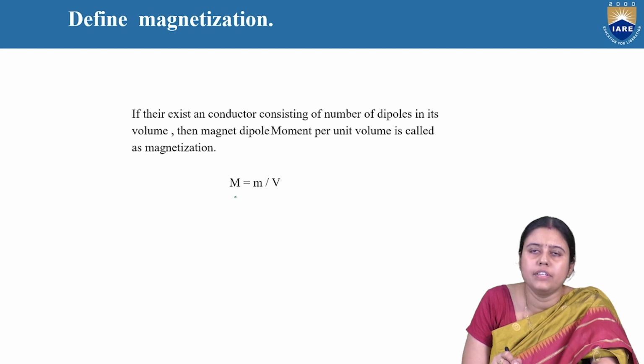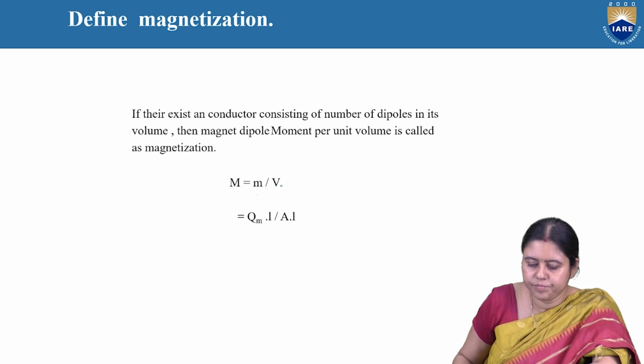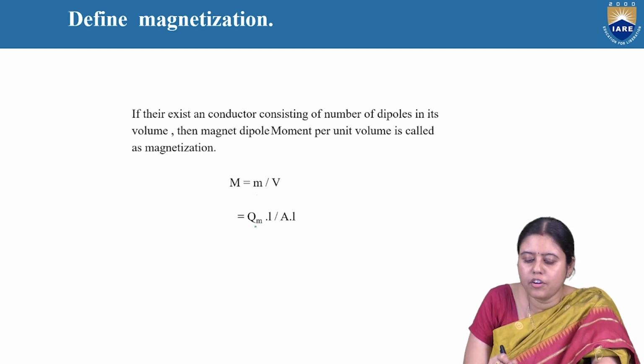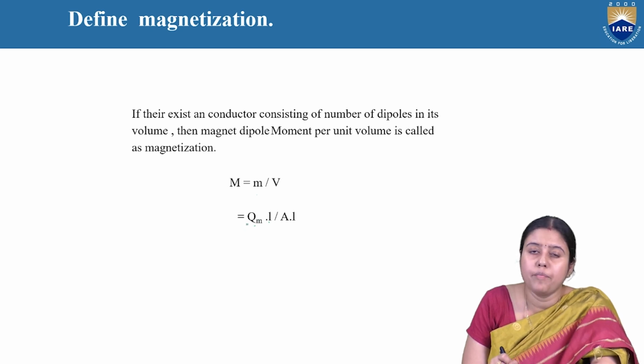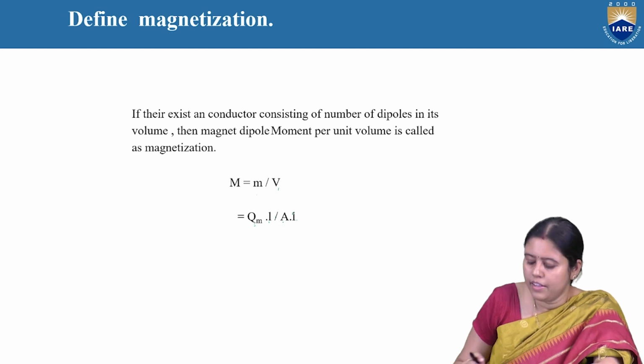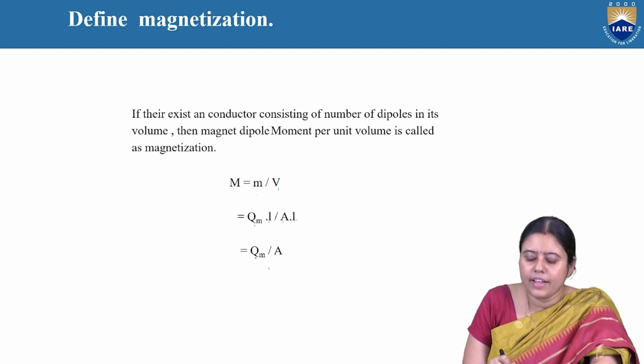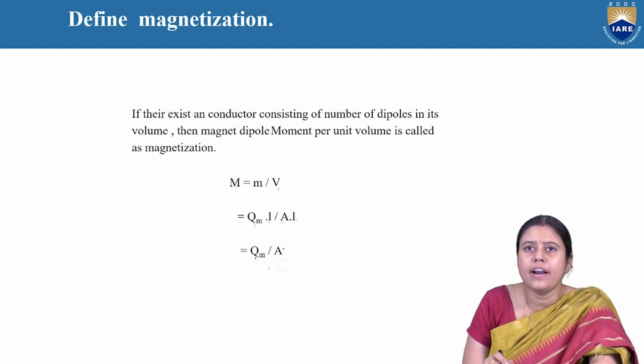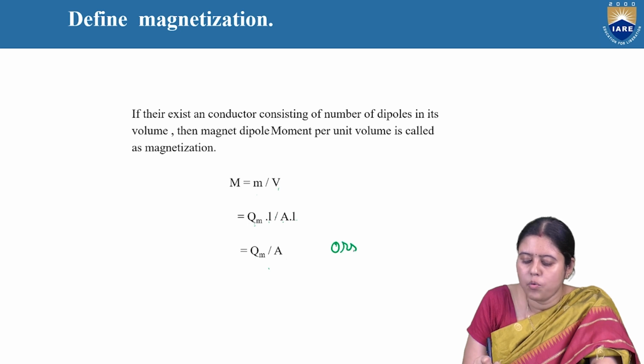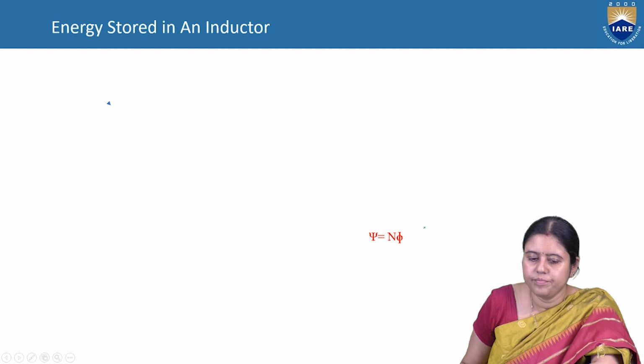We write magnetization by capital M. M is equal to small m by V, and small m is qm into L. Volume is area times L, so we can write qm by A, in weber per meter square.